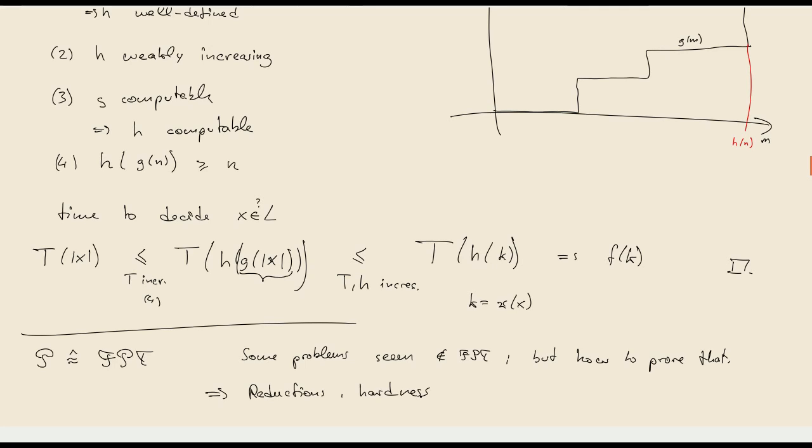And then we will find, as before, statements like unless P equals NP, where P and NP have to be replaced by analogous assumptions from the FPT world. Unless this unlikely assumption holds, this problem is not fixed parameter tractable. So let's first look at reductions.